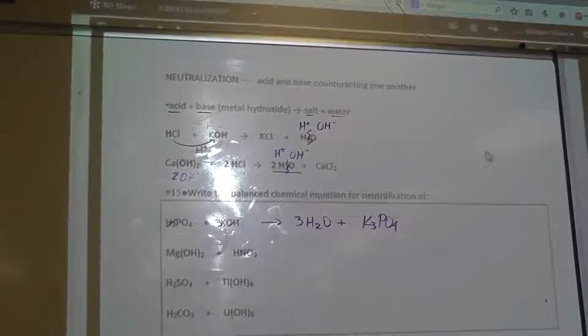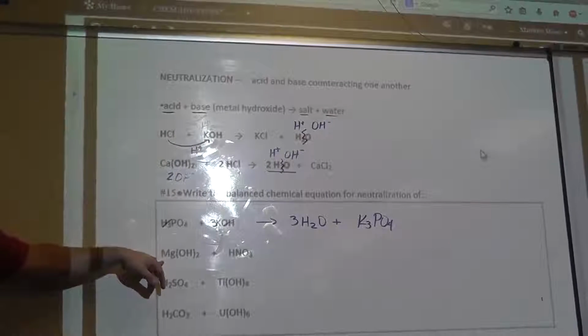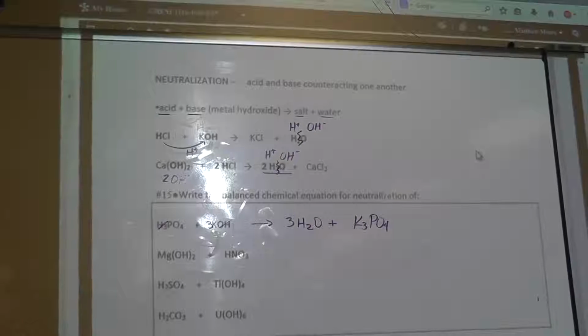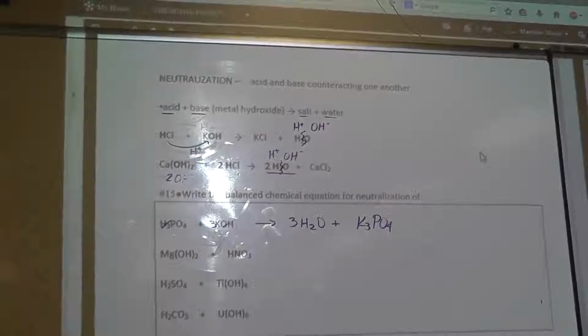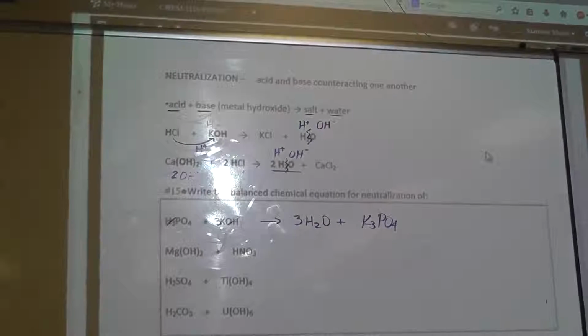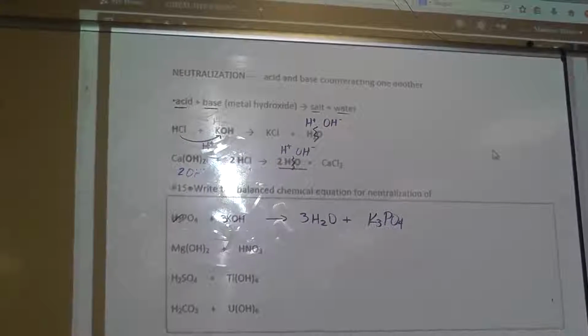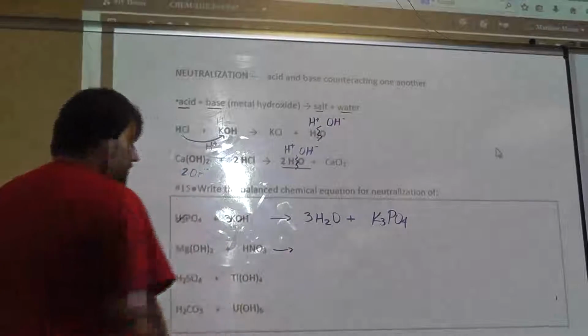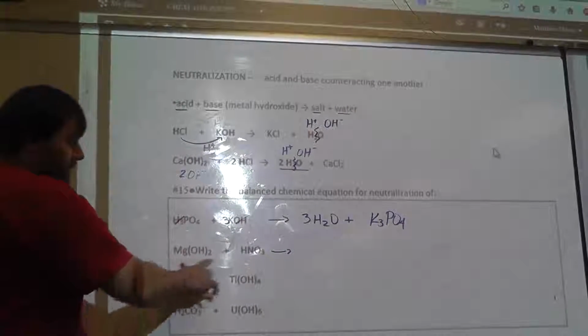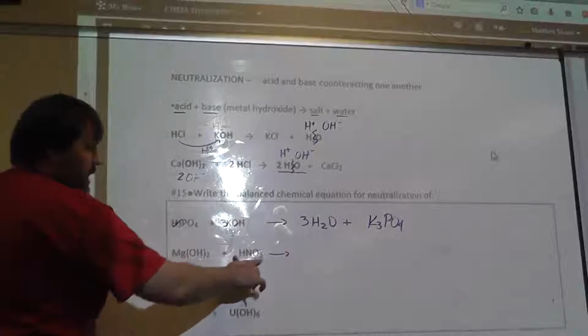Okay? What about this one? Is magnesium hydroxide a strong base? No. Is nitric acid a strong acid? Yes. So this is a one-way arrow because of the acid this time. This has 2 hydroxides. This only has 1 hydrogen.